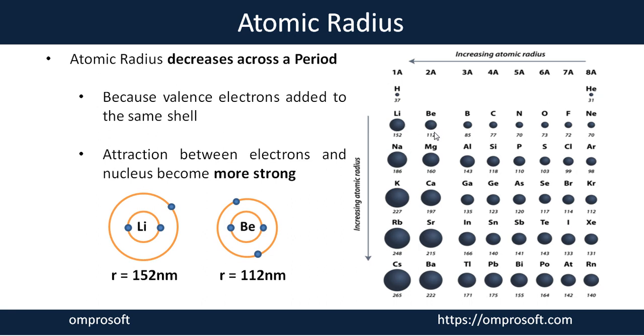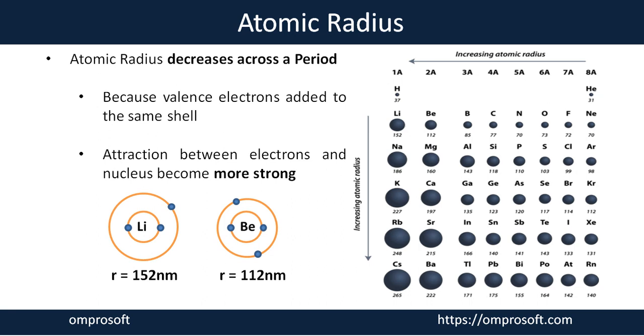And once the number of electrons increases in the outermost shell, the attraction between the electrons and the nucleus of that element becomes strong, because electron and nucleus have opposite charges. Electrons have negative charge and the nucleus has positive charge because protons are present there.